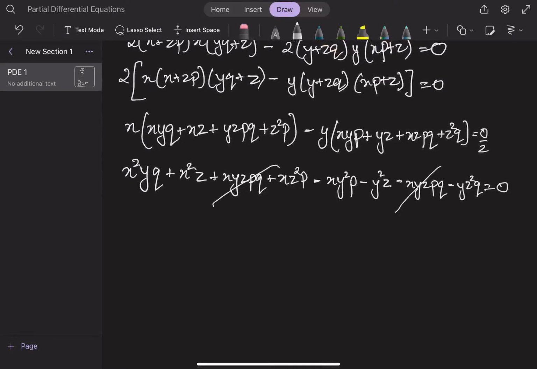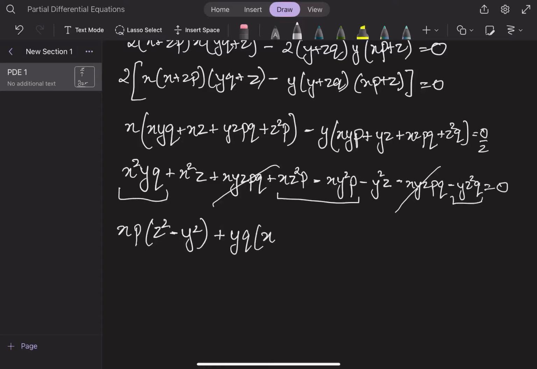Now technically this answer is correct, but let us write it in a more simplified form. So I'm gonna take xp common from these two terms. So this becomes z square minus y square, plus, let's take yq common from this term and this term.